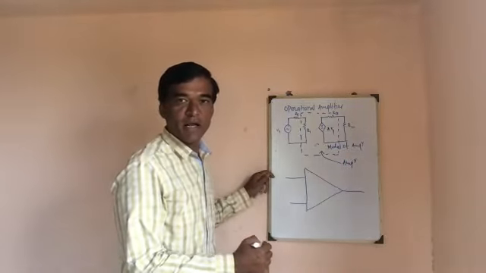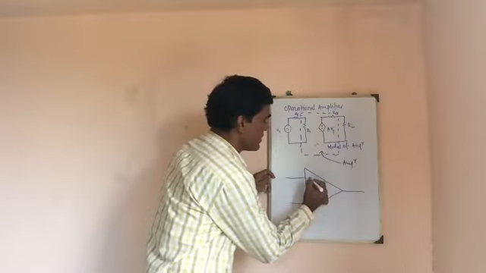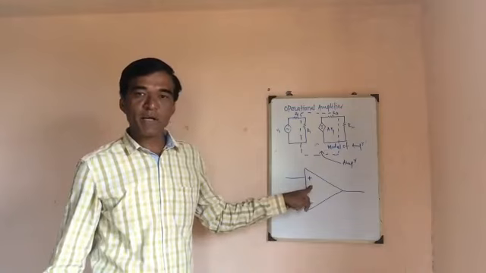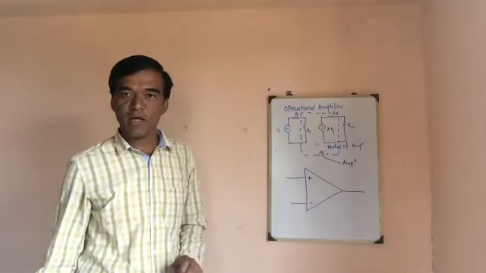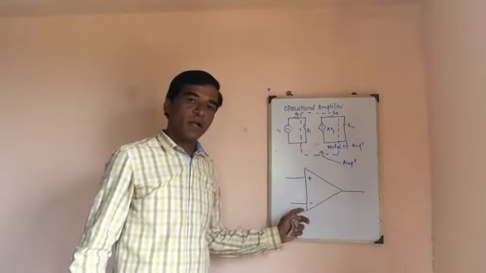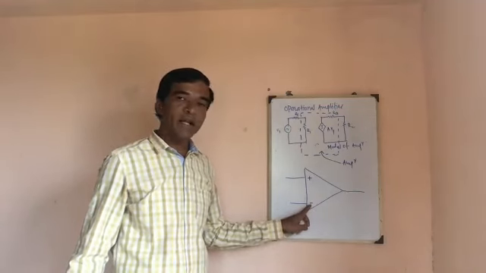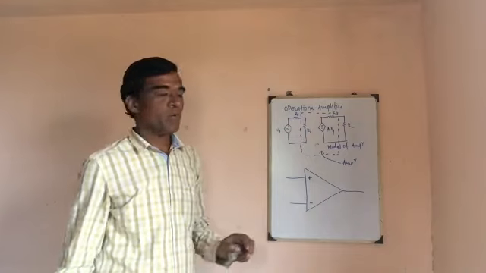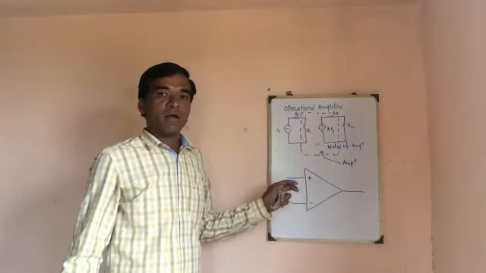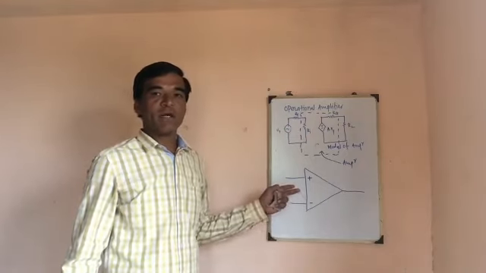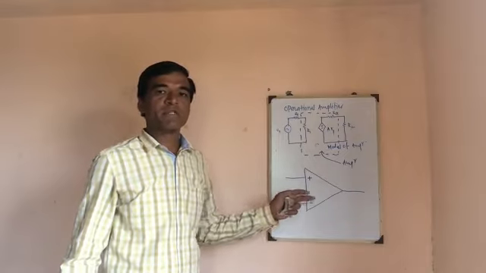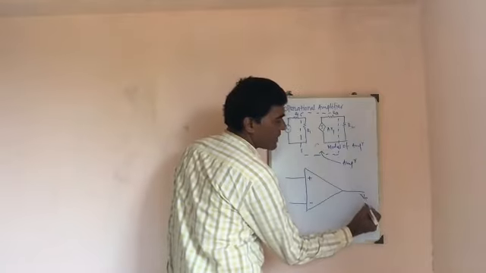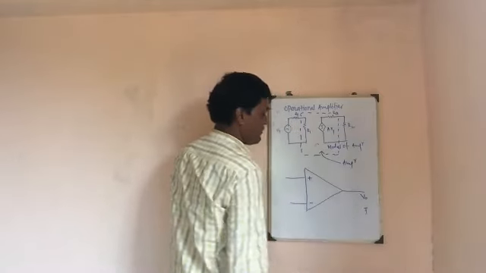Input terminals are marked as plus and minus. An input terminal marked by a plus is known as the non-inverting input terminal. An input terminal marked by a negative sign is known as the inverting input terminal. Why these are called inverting and non-inverting input terminals, we will see later on. This is the output terminal where I can measure the output with respect to the ground.